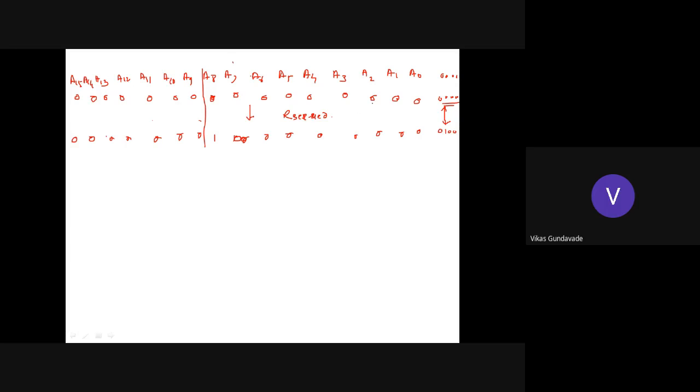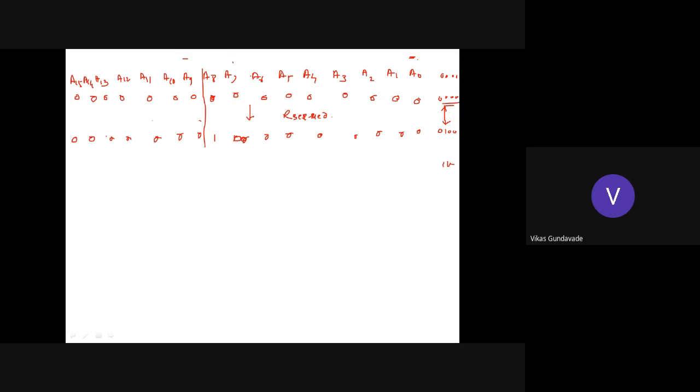Okay, now if we want to interface 1K memory, that means from the initial location, how many lines are required for interfacing? A0 to A9. So that many lines are required to interface the 1K memory. And how much space is reserved here?